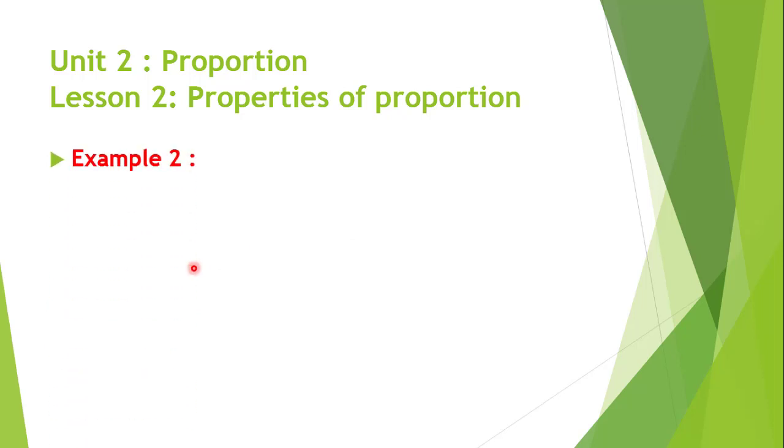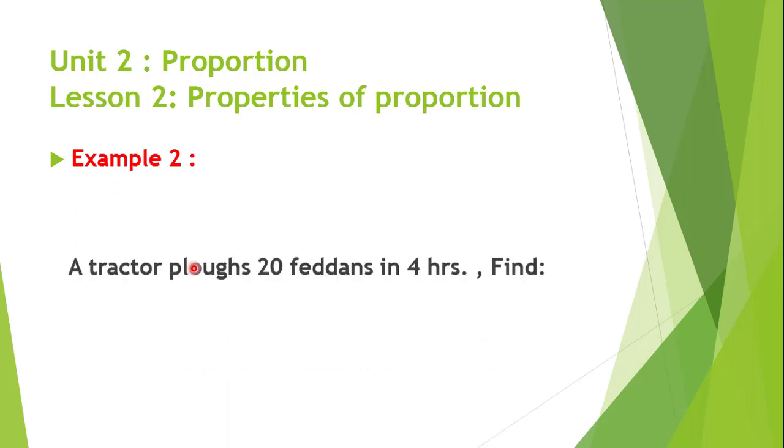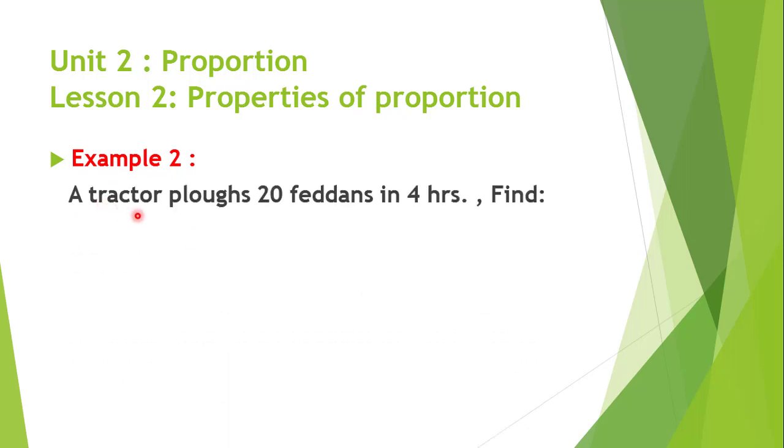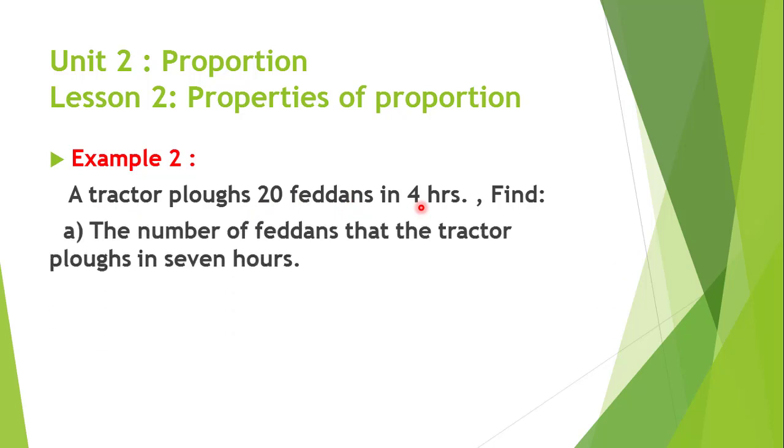Let's move to example number 2. A tractor plows 20 fiddles in 4 hours. The first required is to find the number of fiddles that the tractor plows in 7 hours.